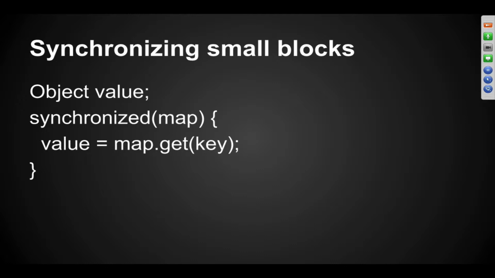So when you do use synchronize, try to limit it to a small block of code that is necessary. A very popular example is when you need to synchronize some data structure that is not synchronized in itself.